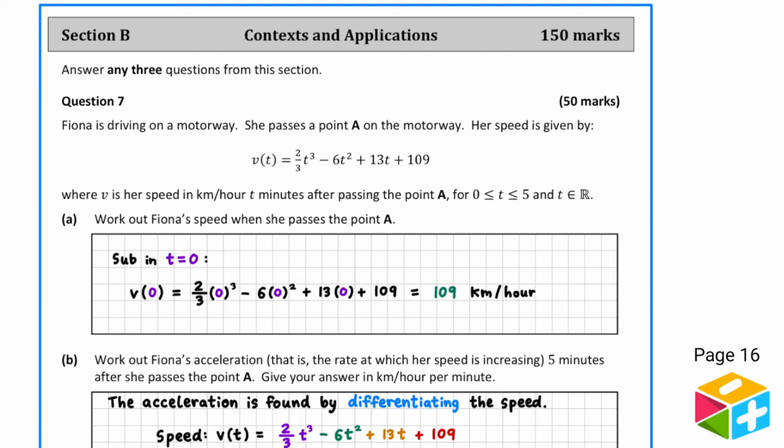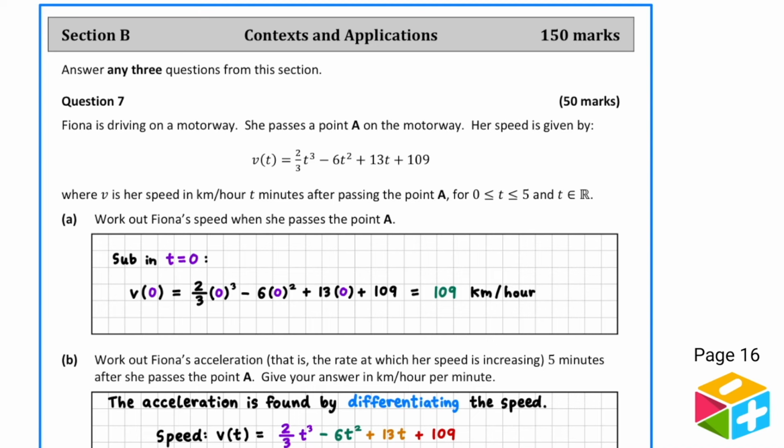In question 7, we are given a function, v of t, which specifies Fiona's speed t minutes after passing a specific point, A, on a motorway. In part A, we need to find out Fiona's speed when she passes the point A. Well, t represents the time in minutes after passing the point A. At the instant she passes A, 0 minutes will have passed.